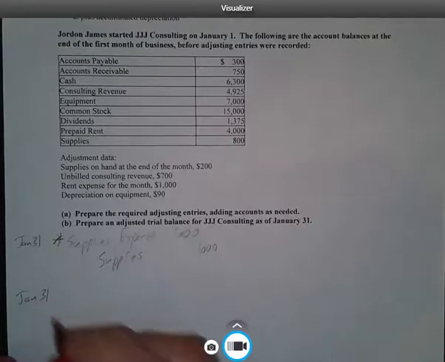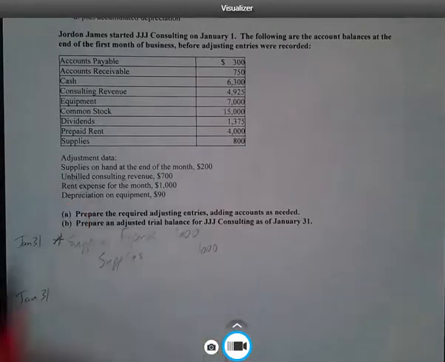Also on January the 31st, if we look up here, it says unbilled consulting revenue. So what we're talking about here is revenue that we have earned, but we have not recorded it, and if we haven't recorded it, we haven't billed it.